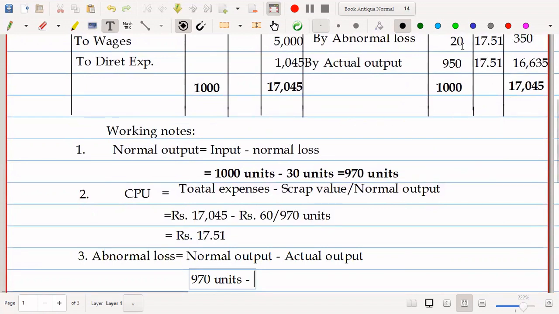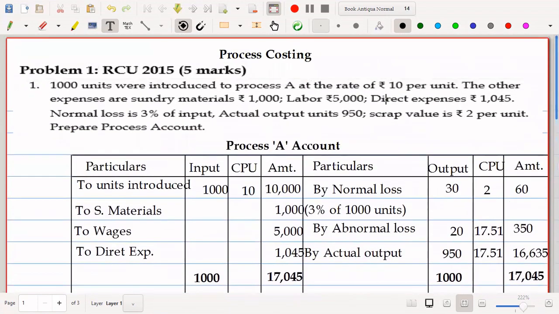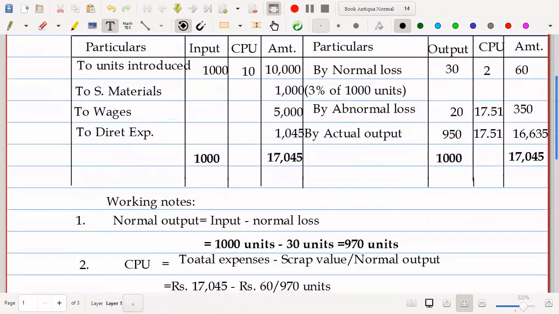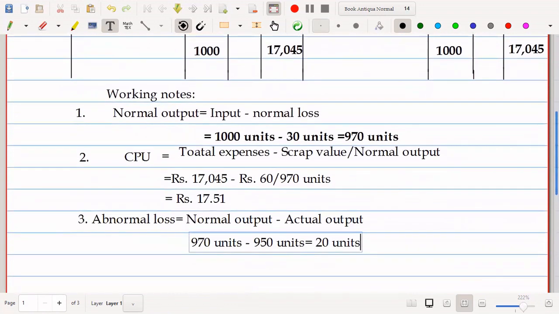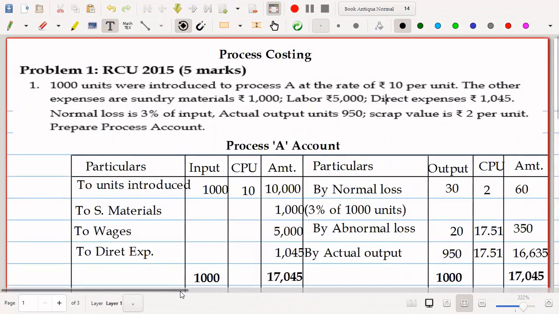It's given in the column, that is 950 units. The answer is 20 units of abnormal loss. So this is how you calculate the process accounts. For every process account, we require 3 working notes, that is normal output, CPU, and abnormal loss. Let us solve one more problem now.